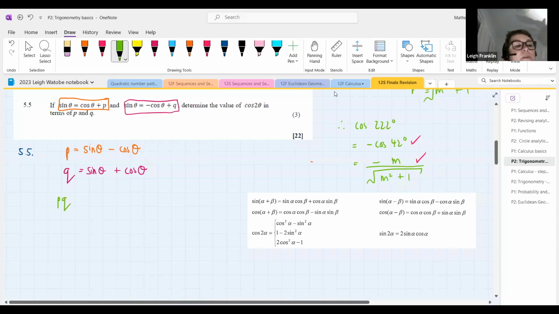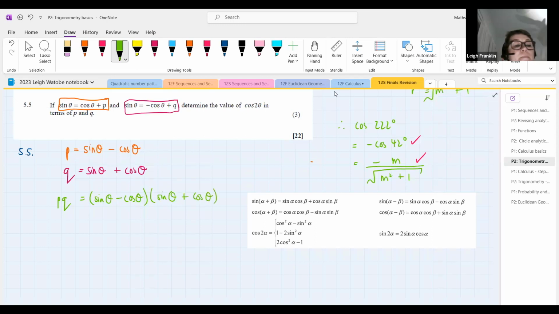So in other words, PQ would be equal to sine theta minus cos theta multiplied by sine theta plus cos theta, which if you did FOIL, you'd end up with sine squared theta minus cos squared theta. Now, that is almost identical to your identity, but the order's wrong.